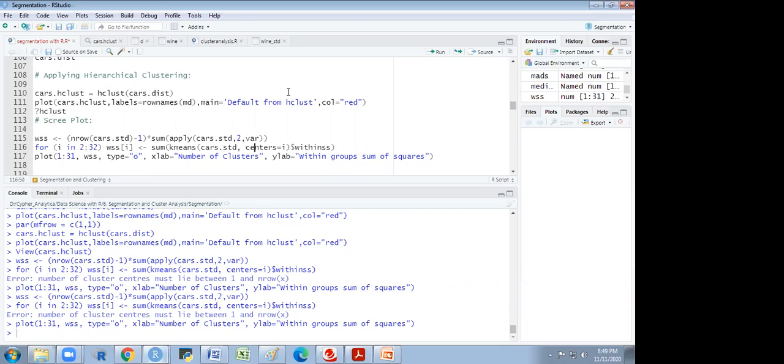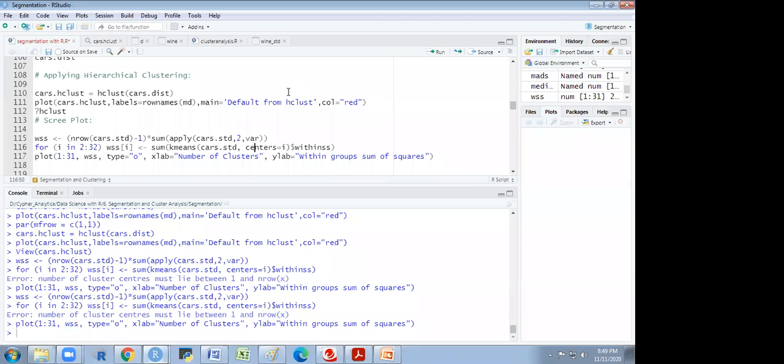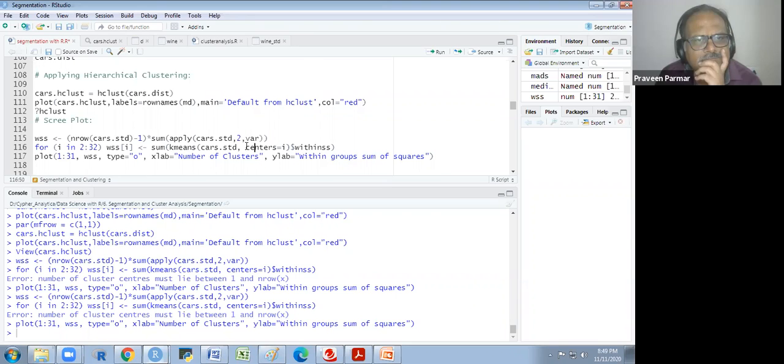Sir, hierarchical clustering and K-means clustering are different methods, right? Yes, yes. But in the code we have used K-means. That is what I am searching for.